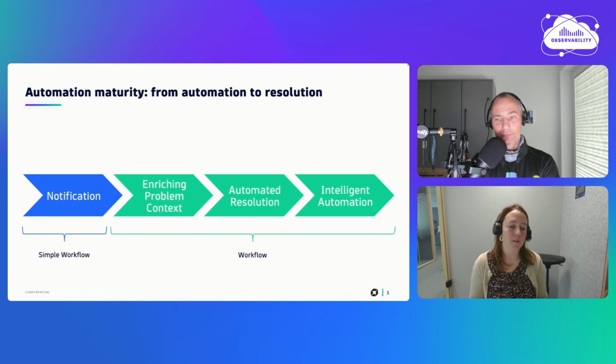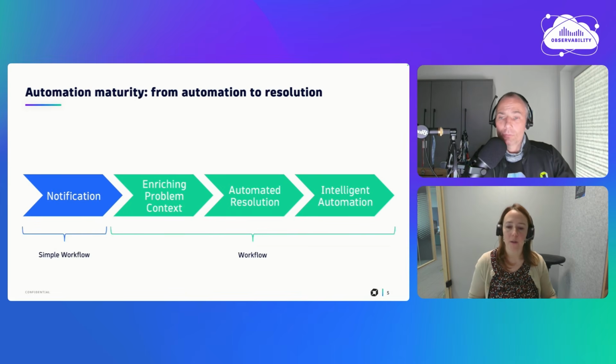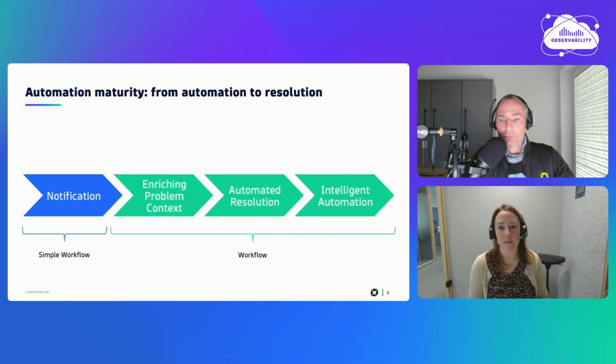And that's why we created a simple workflow, to not have to think about licensing. As soon as it starts getting more complex, we go towards a standard workflow with more than one task, and there is a licensing implication. But there's also more value in it, so that makes sense. The first step would be, for example, enriching problem context.